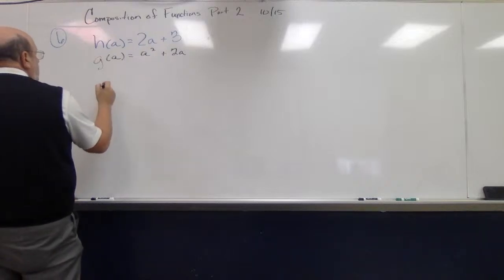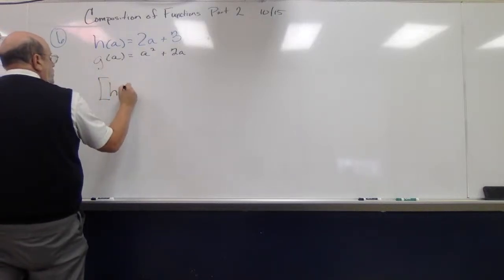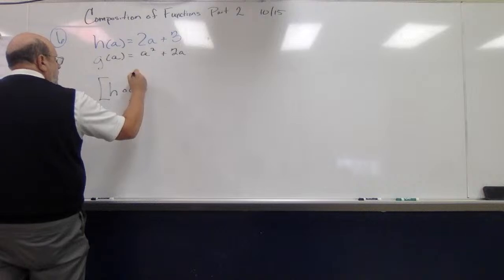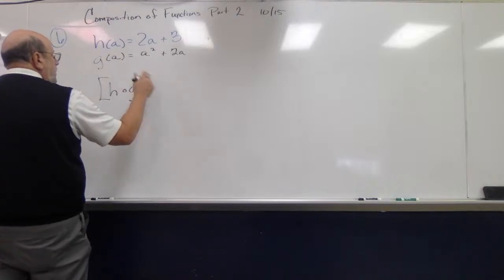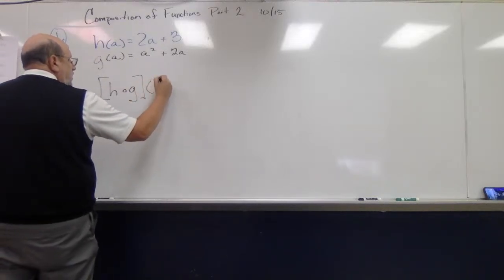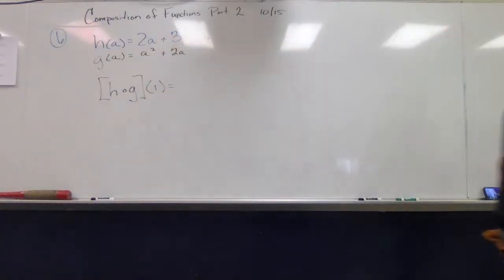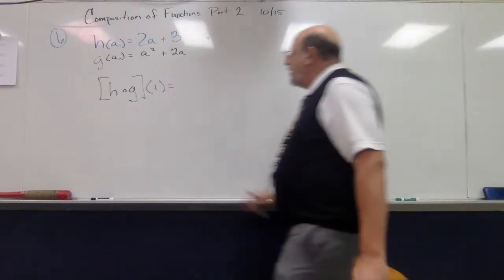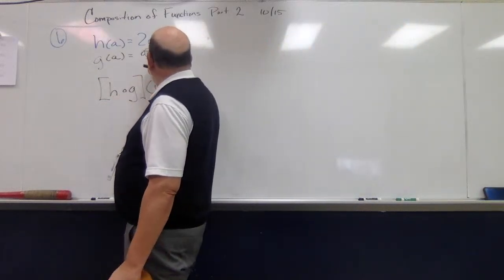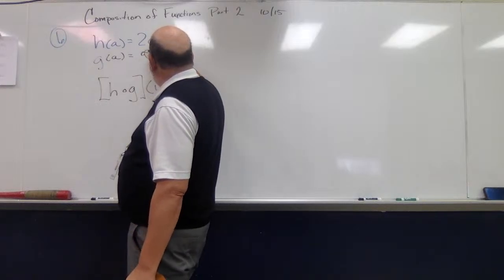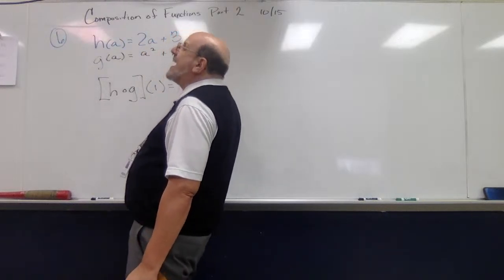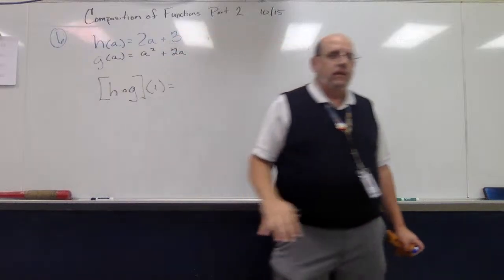And then we're going to find h of g of 1. Doing that like it is on the paper, that's the way it should look. I don't know why the paper does it differently. So we do the h of g part, and when we're all finished, we substitute a 1 in for a. So let's put this guy in for a, simplify, and then put a 1 in.